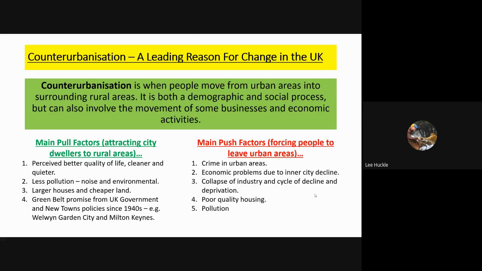And then you'd have looked at the main push factors, forcing people to leave urban areas. Now, remember, push and pull factors are a major part of the explanation and the theory that lie behind all of this. And in the diverse places unit, in EQ1, you'd have referred to Lee's migration model.